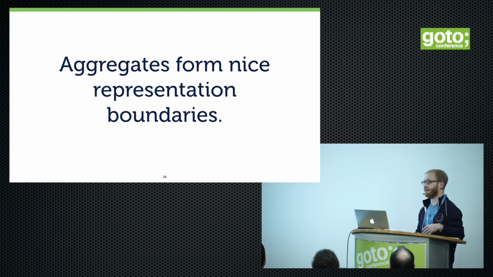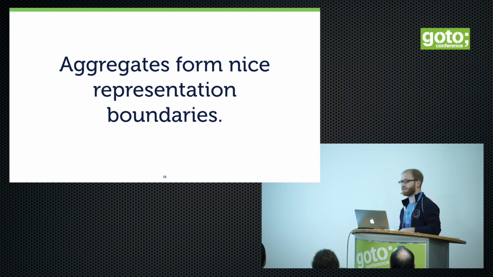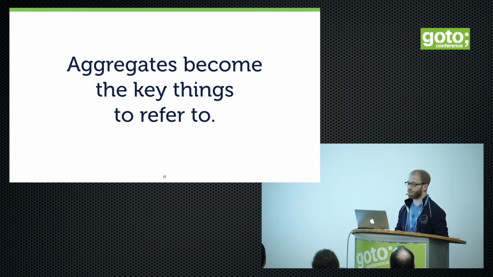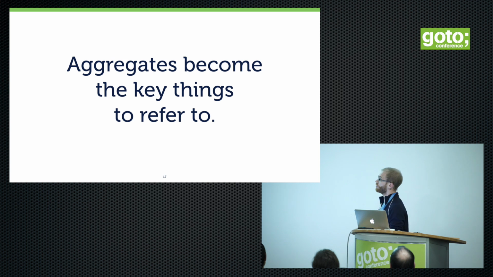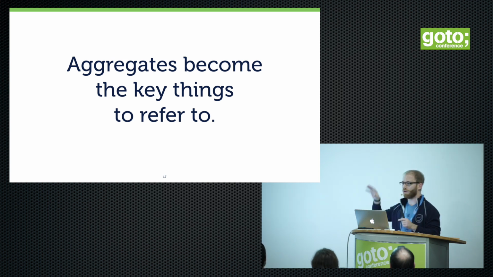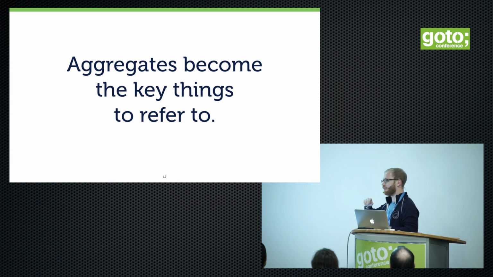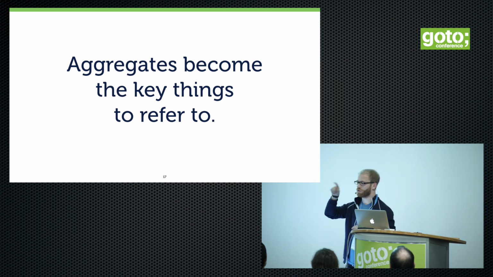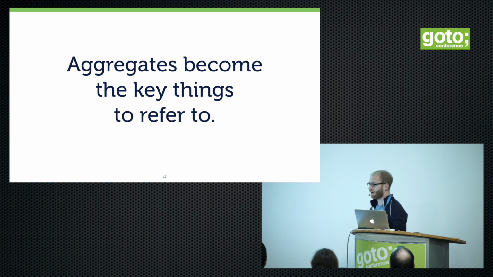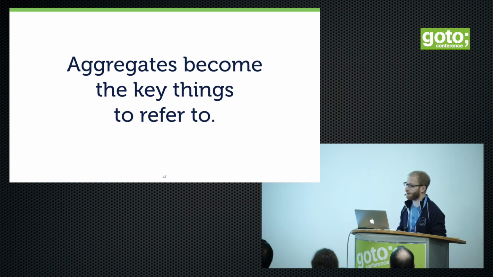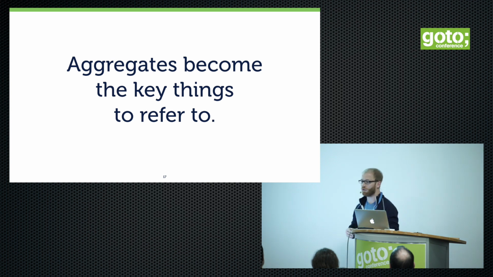Another thing that plays into this is that aggregates are the things that you usually refer to. So some part of an aggregate, as you've seen in the example before with the order and the line item, where the line item referred to the product, right? So a nested entity in that aggregate is referring to some other aggregate, and it's only allowed to refer to other aggregates, not to entities within other aggregates.